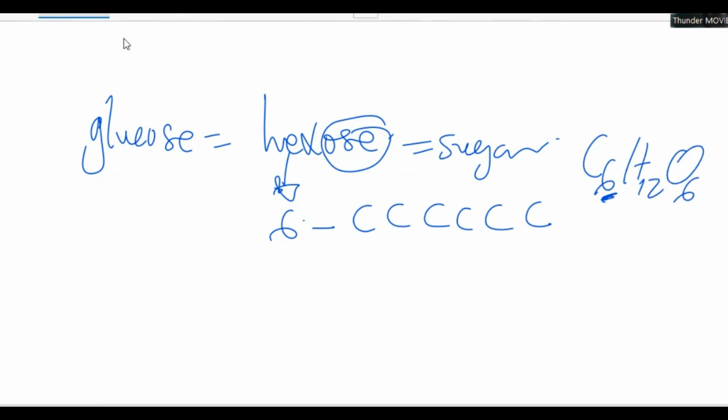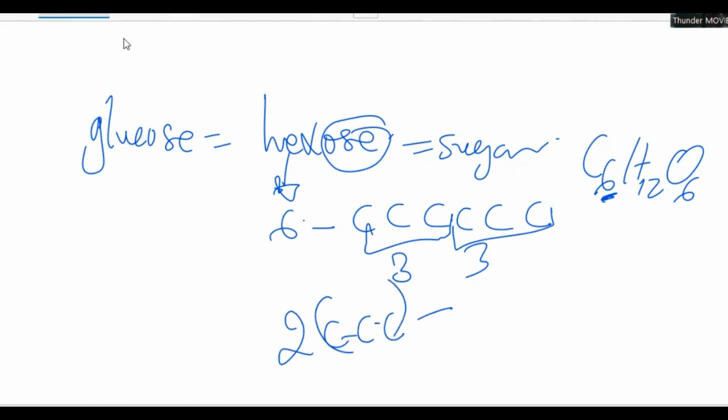During the process of glycolysis, the 6 carbon atom molecule is divided into 3 carbon atom molecules. Basically, you form 2 three-carbon molecules. You understand? This 3 carbon atom molecule is called pyruvic acid or pyruvate, depending on how you want to call it.